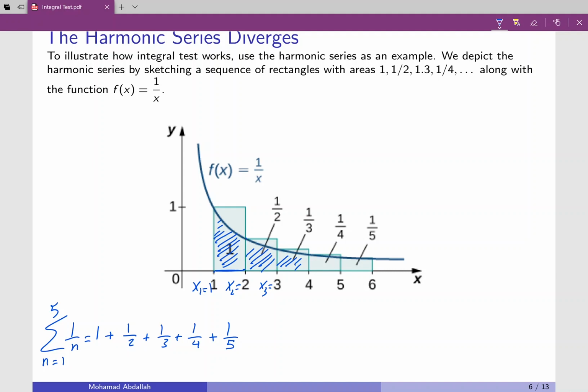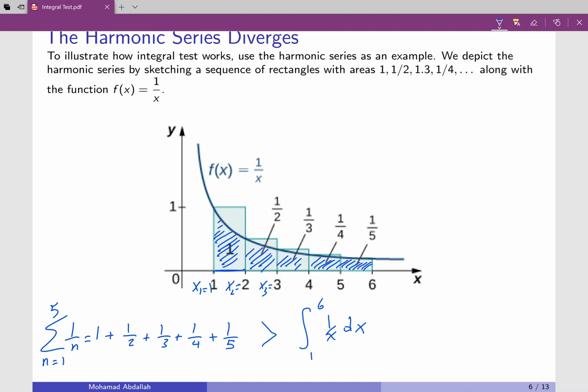And this is bigger than the integral from 1 to 6 of f of x dx, which is 1 over x dx, because the integral from 1 to 6 of 1 over x dx is the shaded region here in blue. So the sum of the rectangles is bigger than this. And this pattern will continue.